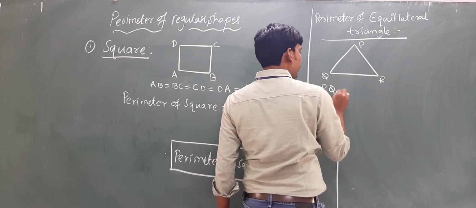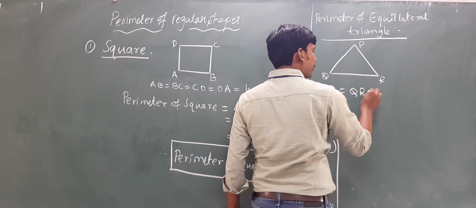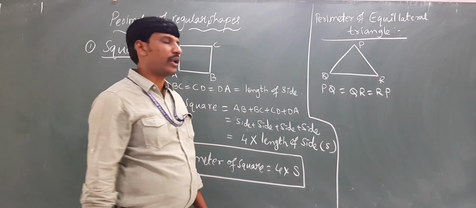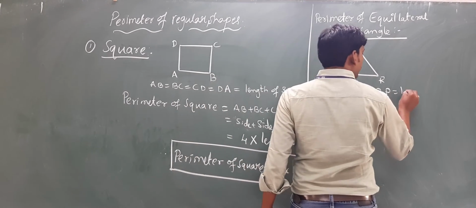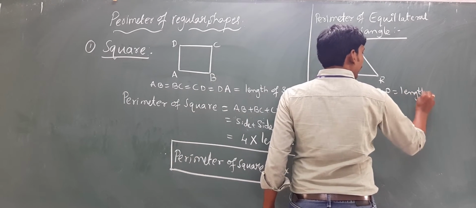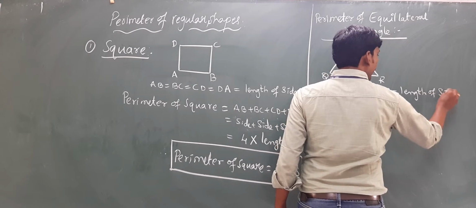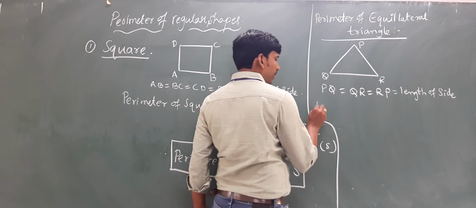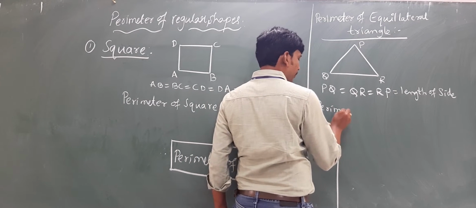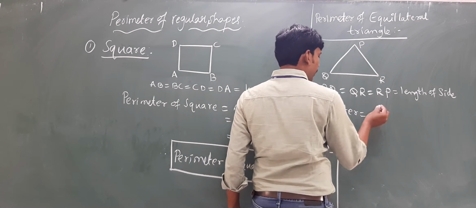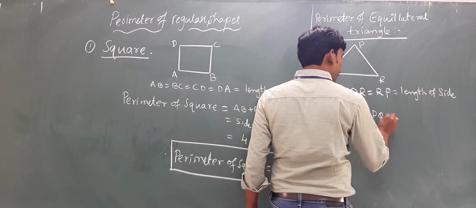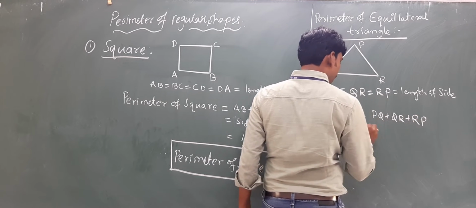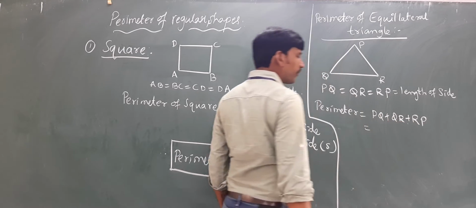Here PQ length is equal to QR length is equal to RP. These three lengths are equal, which is the length of the side. Then how to find perimeter? Perimeter is equal to PQ plus QR plus RP, and all 3 are equal to each other.